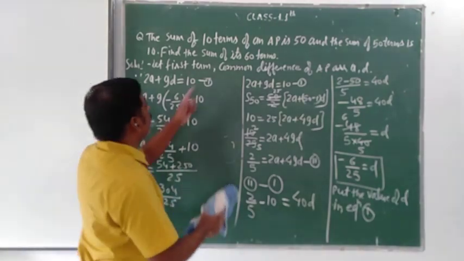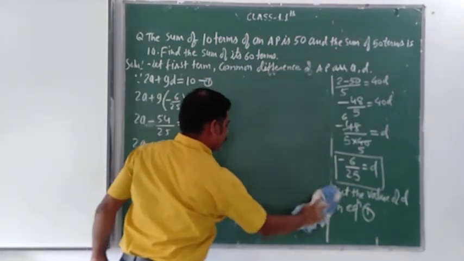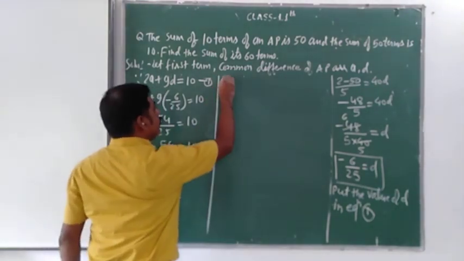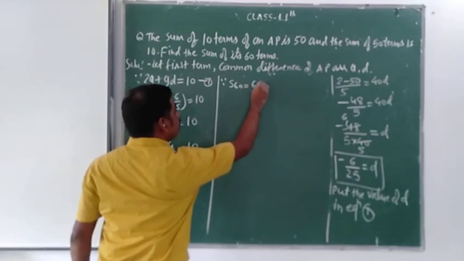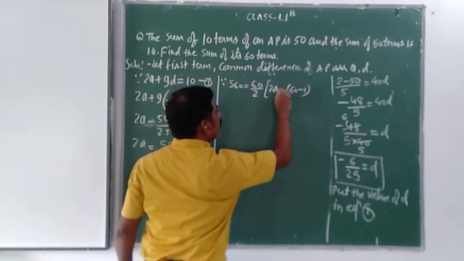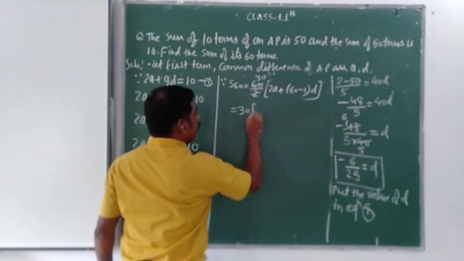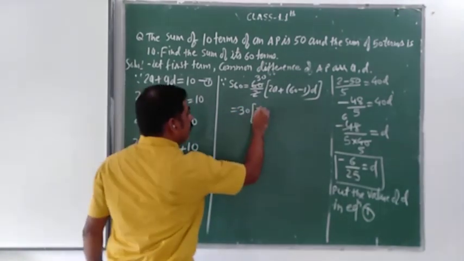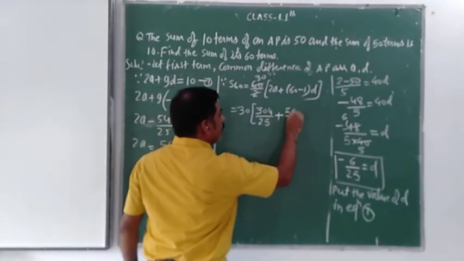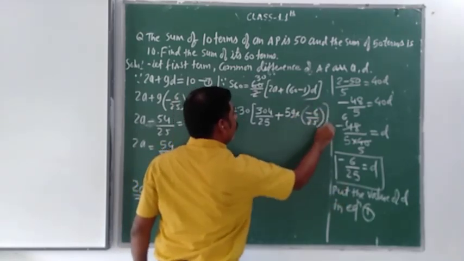So we can easily find the sum of 60 terms. S60 is equal to 60 by 2, 2a plus (60 minus 1) into d. 60 by 2 means 30. 30 in bracket. The value of 2a is 304 upon 25 plus 59, and the value of d is minus 6 upon 25.